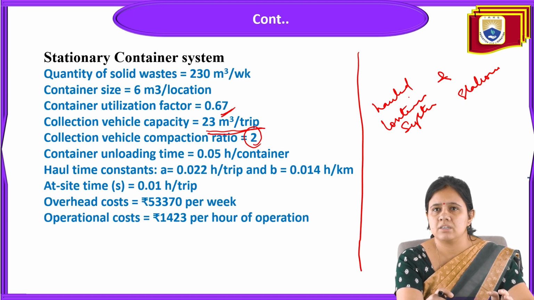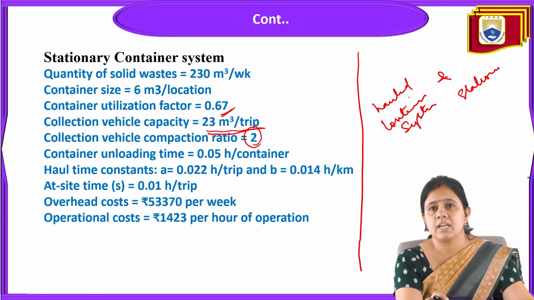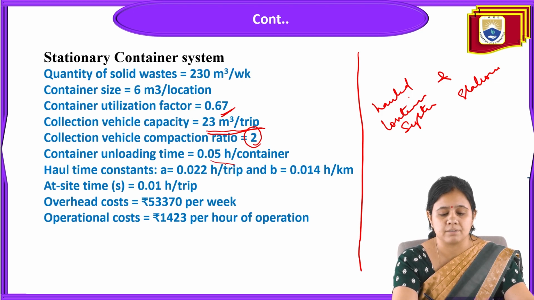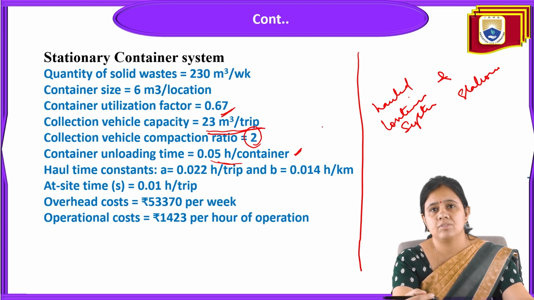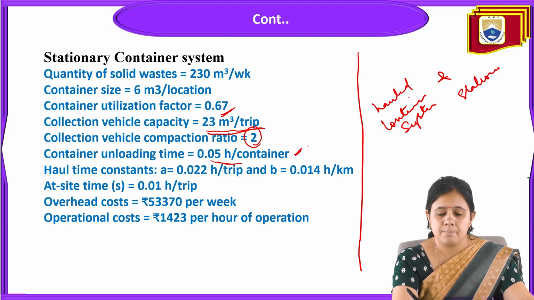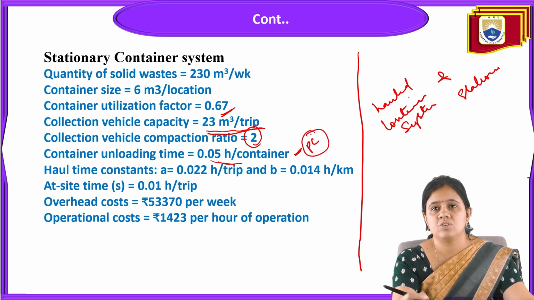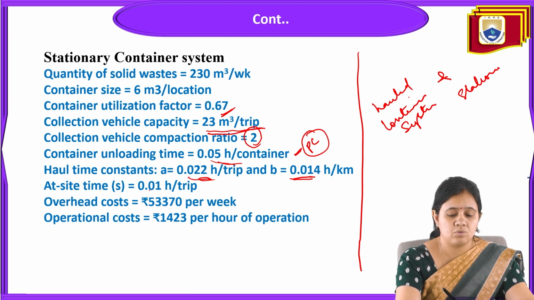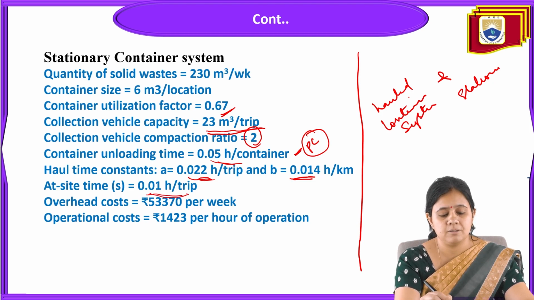The container unloading time is 0.5 hours per trip. Haul time constant A is equal to 0.022 hours per trip and B is equal to 0.14 hours per kilometer. The at-site time is 0.01 hours per trip.